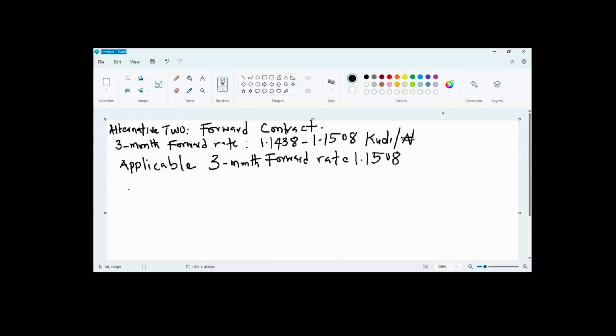You now compute the naira amounts. Once you pick the rate, then get the naira amount.